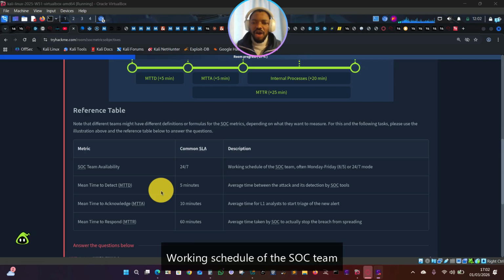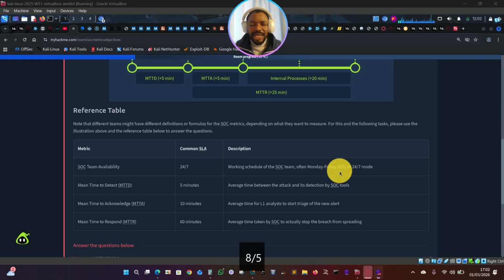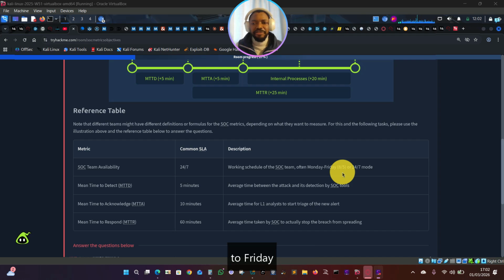Working schedule of the SOC team, often Monday to Friday, 8/5, meaning 8 hours per day for 5 days, ranging from Monday to Friday, or 24/7, 24 hours per day for 7 days.